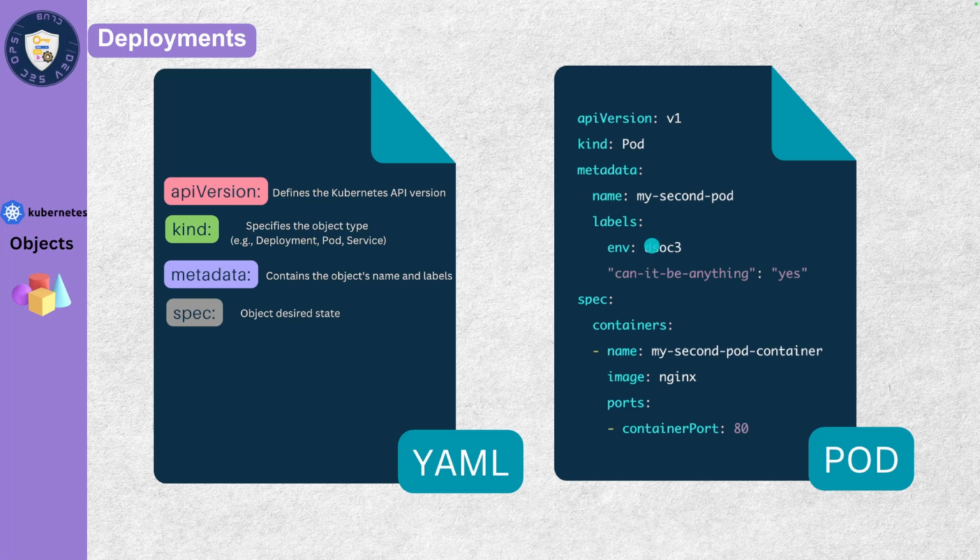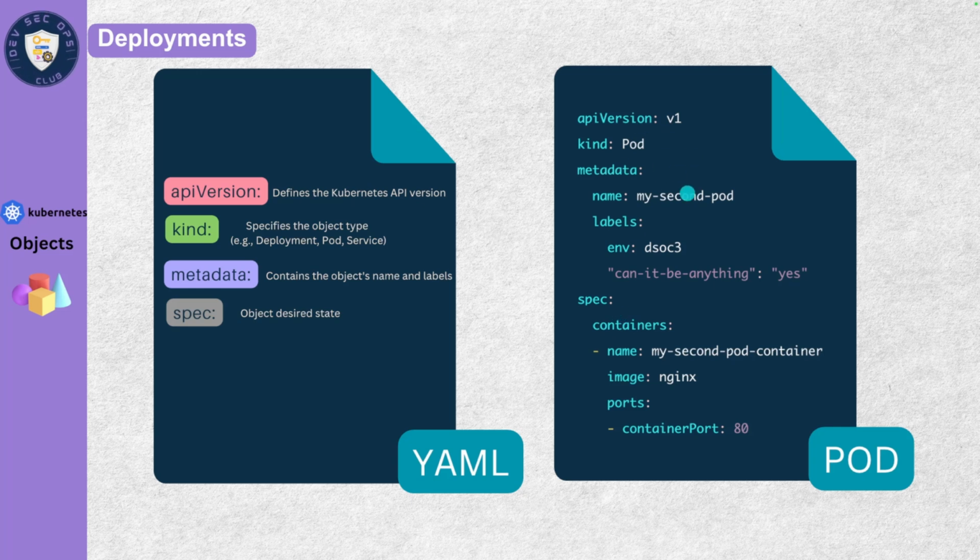For example, in this case, can the name be anything? Yes, but you have to put it in quotes, because it's a string, otherwise it will throw a YAML unmarshal error. If you have one word, it's okay. Then spec is the fourth part, where we define the object's desired state.